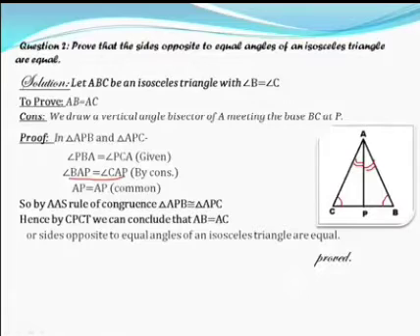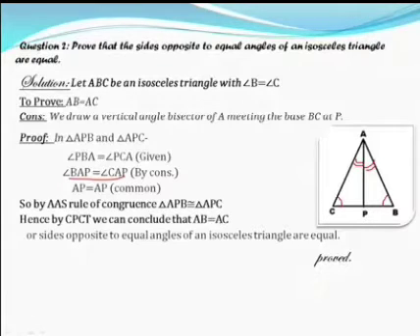Taking the side AP, which is common to both the triangles, we can write that triangle APB is congruent to triangle APC by the angle side angle congruence condition. So, by CPCT, we can conclude that the side AB is equal to AC. Hence, this theorem has been proved that the sides opposite to equal angles of an isosceles triangle are also equal.